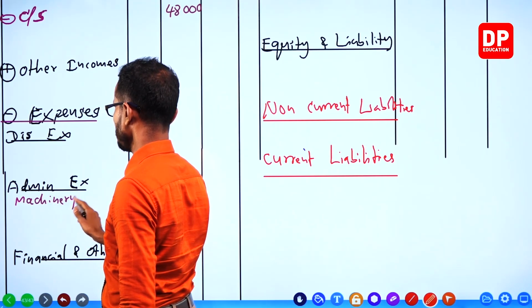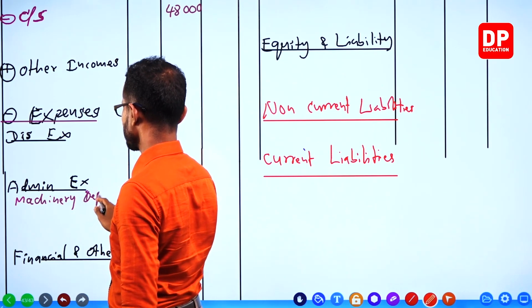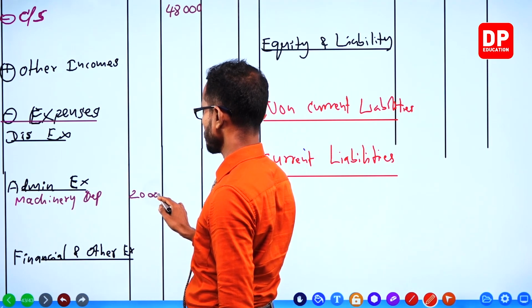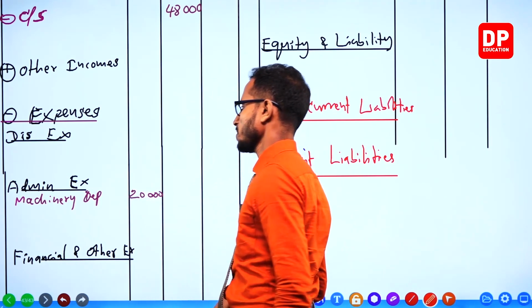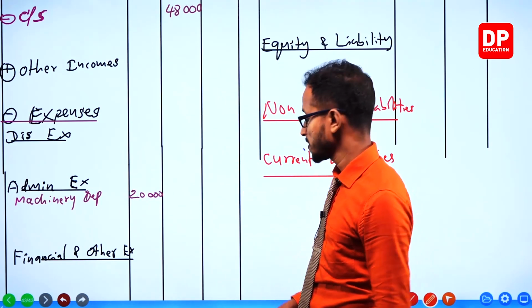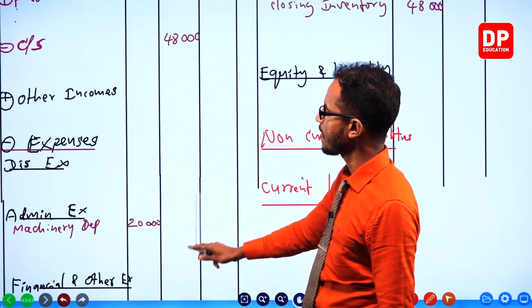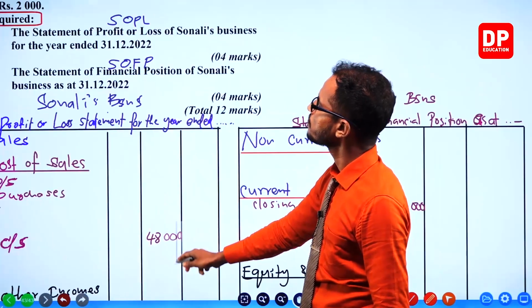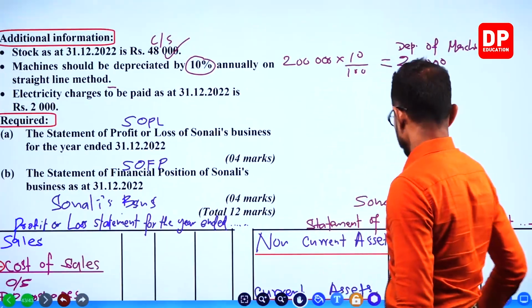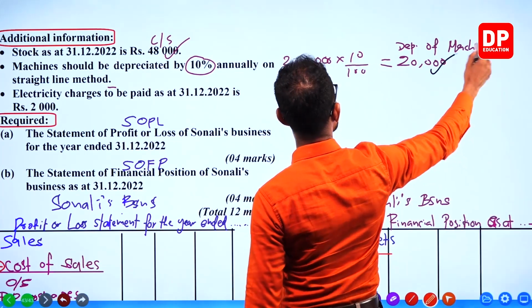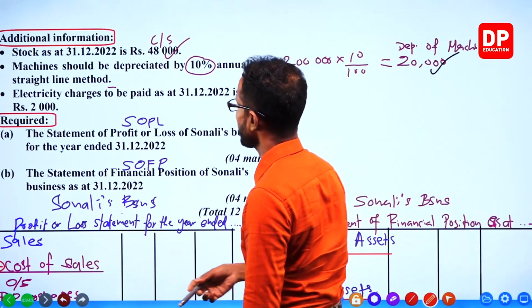Because it's a machinery depreciation, this expense item should be under admin expenses. Machinery depreciation. Done. Okay, so we recorded that too. Machinery depreciation 20,000.